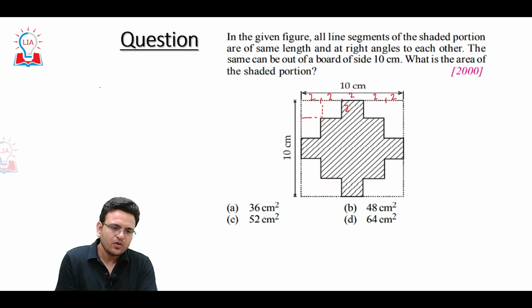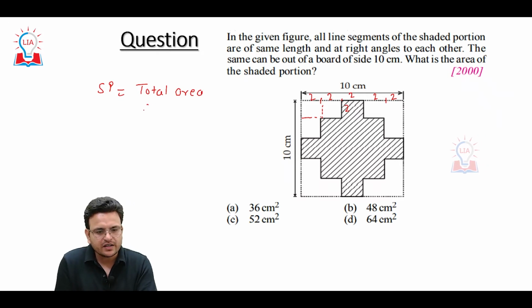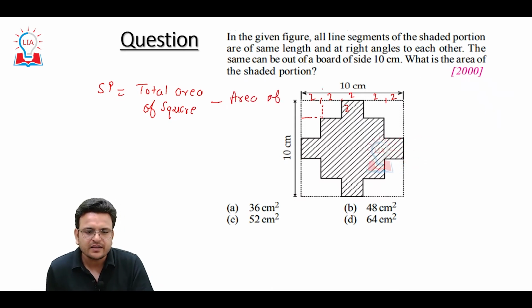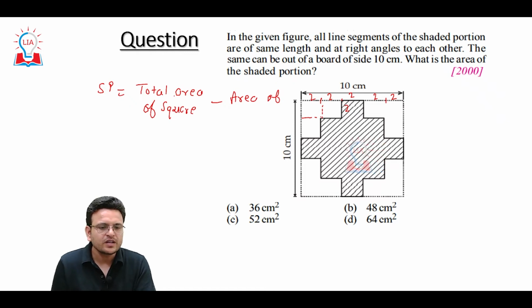So area of shaded portion will be total area of square minus area of these squares.